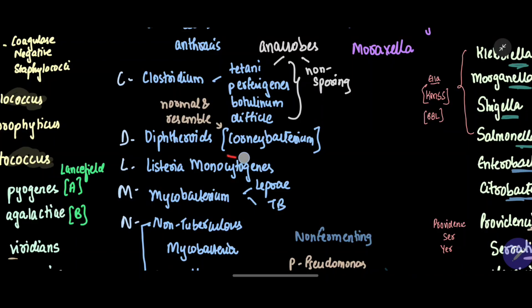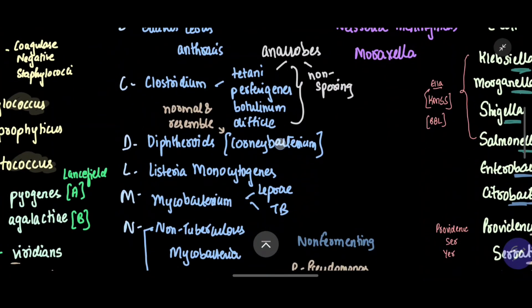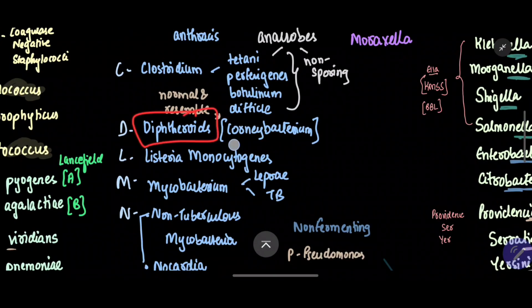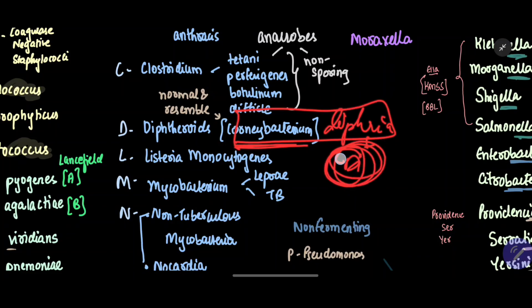There's this bacteria called Corynebacterium diphtheriae, which comes under your gram-positive bacilli. But diphtheroids are different from Corynebacterium diphtheriae, because Corynebacterium diphtheriae is the one responsible for causing diphtheria. That means this is pathogenic. It is causing some clinical manifestation.